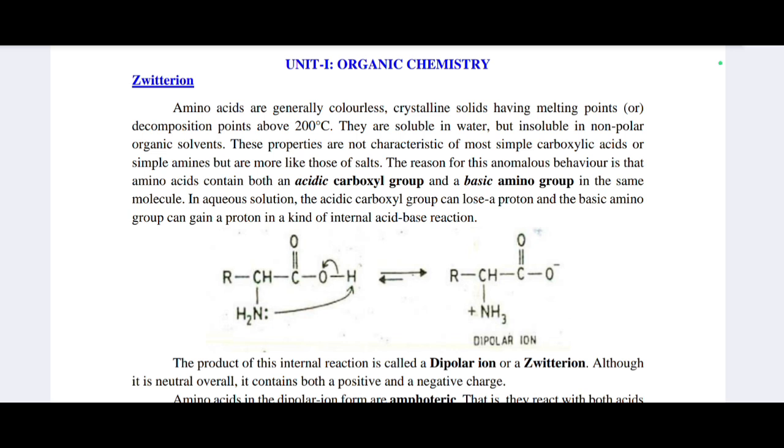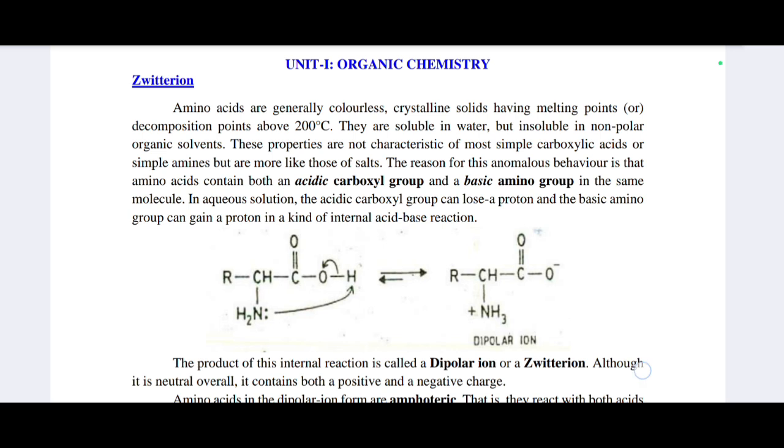The reason for this anomalous behavior is that amino acids contain both an acidic carboxyl group and a basic amine group in the same molecule. In aqueous solution, the acidic carboxyl group can lose a proton and the basic amine group can gain that proton, in a kind of internal acid-base reaction.